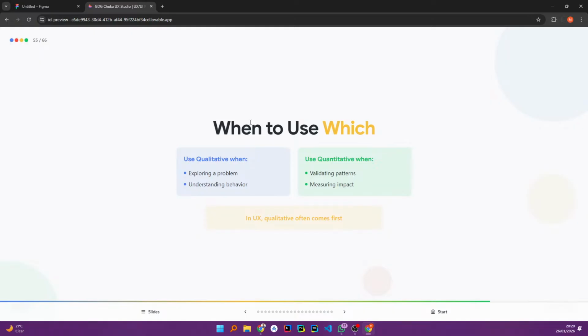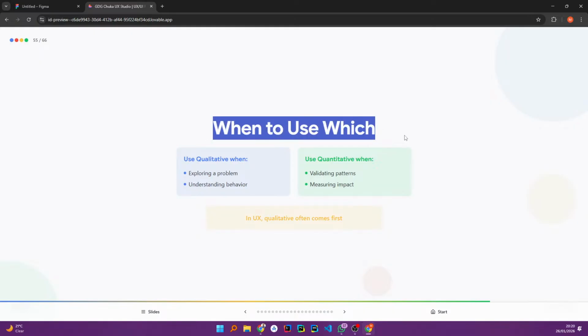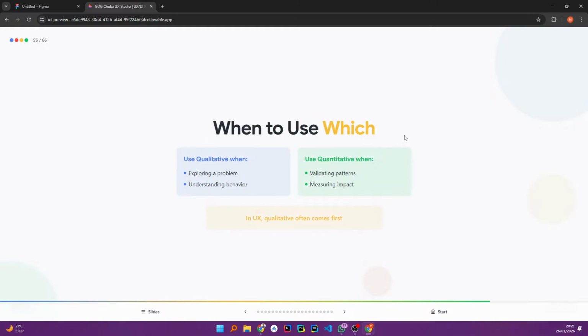So now, when should you use qualitative research, and when should you use quantitative research? Qualitative research is used when exploring a problem. Let me use the same example I used earlier on.